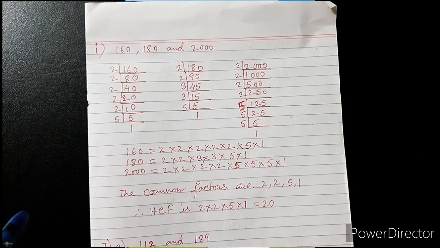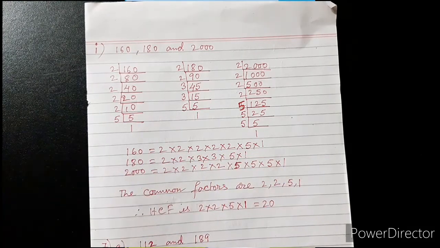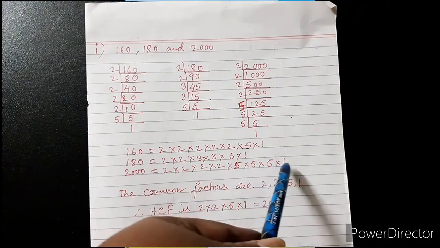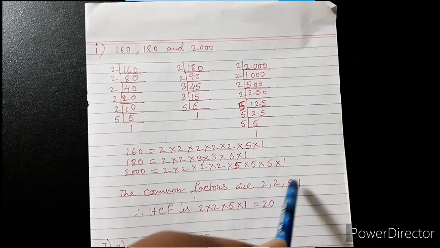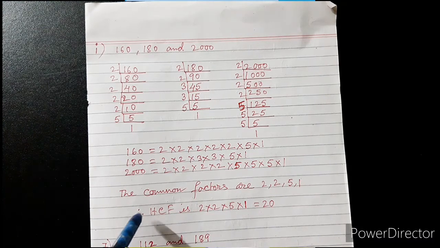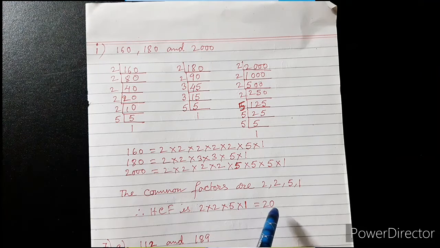Factors of 180 are 2 into 2 into 3 into 3 into 5 into 1, and the factors of 2000 are 2 into 2 into 2 into 2 into 5 into 5 into 5 into 1. So, the common factors are 2, 2, 5, 1. Therefore, the HCF is 2 into 2 into 5 into 1 equal to 20.